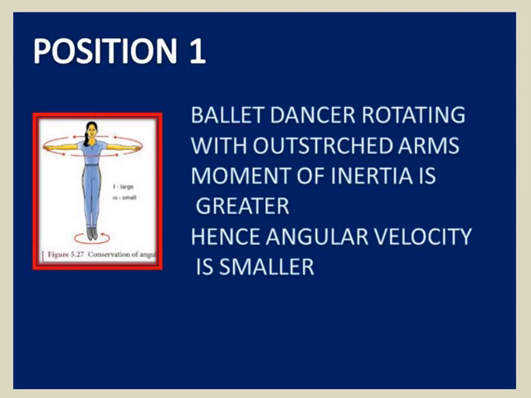When her arms are outstretched, the moment of inertia of the dancer is greater, and therefore the angular velocity of the dancer is smaller. That means her frequency of rotation is smaller.